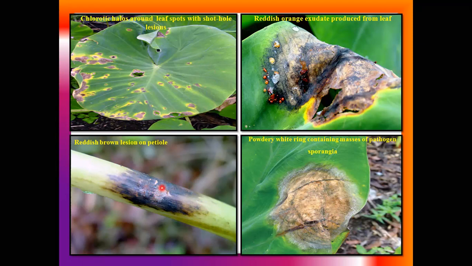These brownish lesions girdle around the petiole and extend in an upward or downward direction. The affected petioles become totally brown or black, the affected tissues become soft, and the petioles cannot bear the weight of the leaf, so finally the petiole breaks at the point of infection.